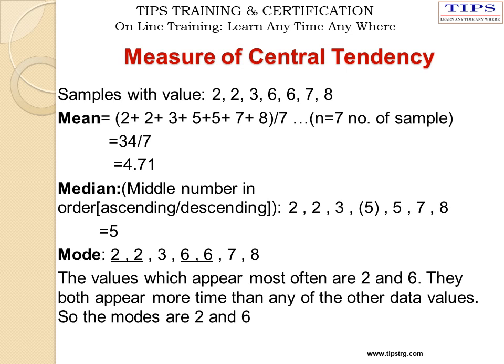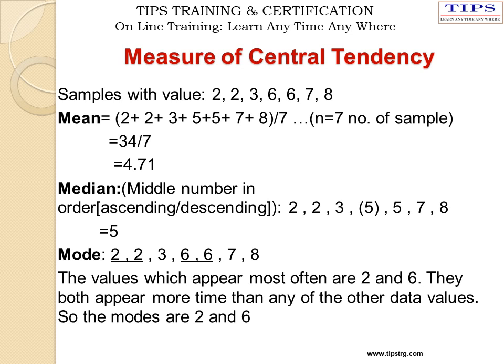Median. It is the middle number in the order, either ascending or descending. Here, when arranged in ascending or descending order, the middle value comes as 5. So, median is 5. But if the values are 2, 2, 3, 5, 5, 7 only, then the median will be 3 plus 5 divided by 2, that is 4.